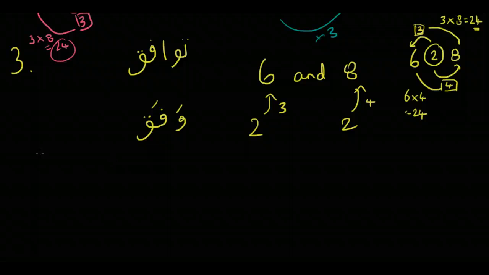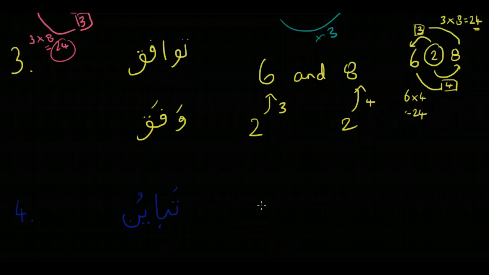And then the final relationship is when we have two numbers. The relationship in Arabic is called tabayun.